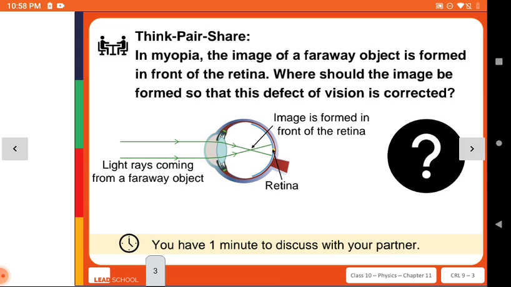In case of myopia, the image of a far object is formed in front of the retina.